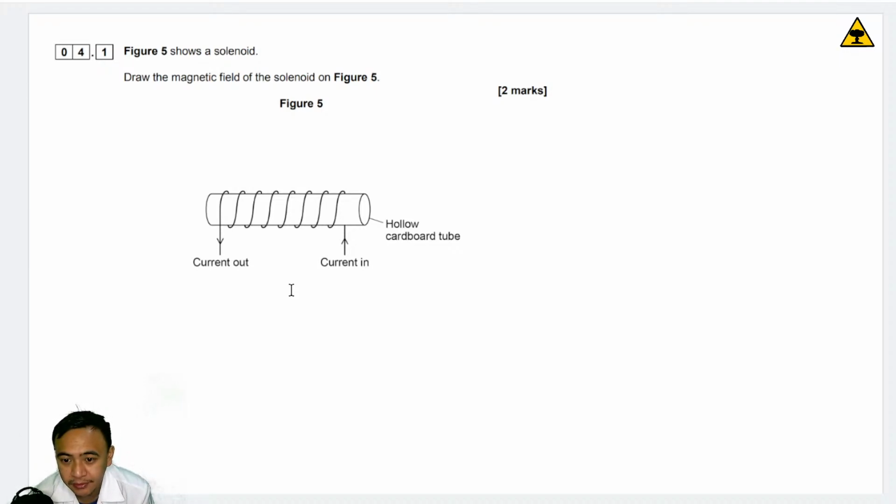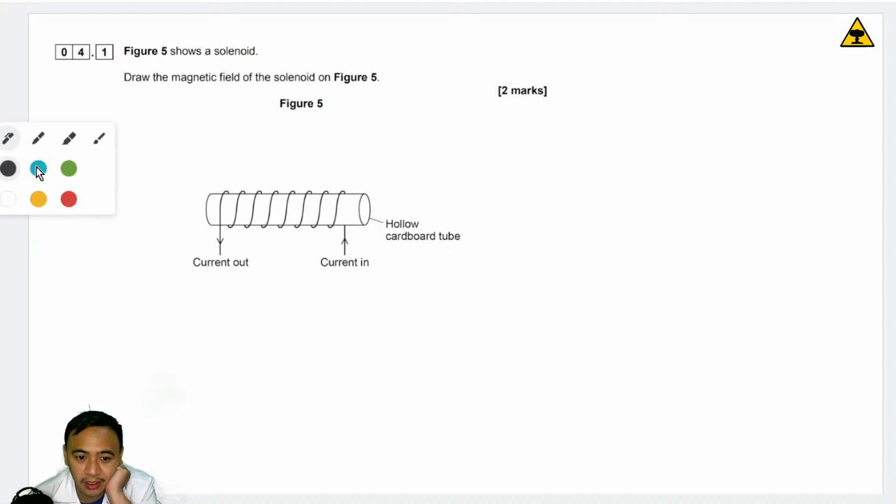Okay, good. Just so you're clear, you would have arrows pointing in the direction. I would normally draw it like this because this is a solenoid with a hollow tube, which means we can put something inside.